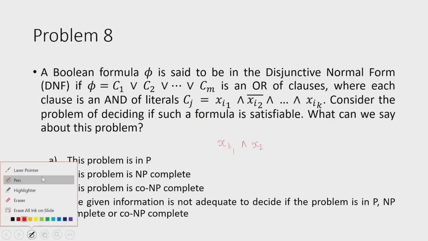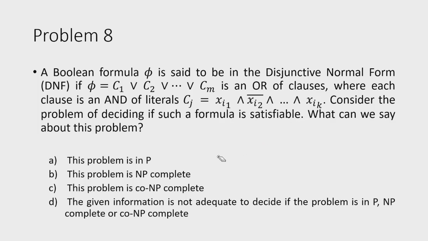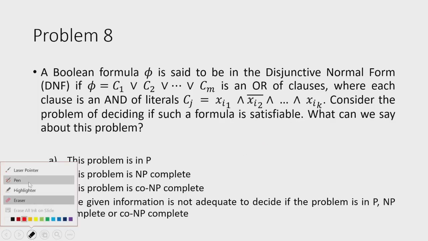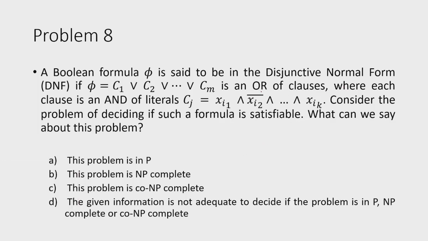But every clause is an AND of literals, right? Where each clause is an AND of literals. And what is a literal? A literal is either this or this. So what does this statement say?